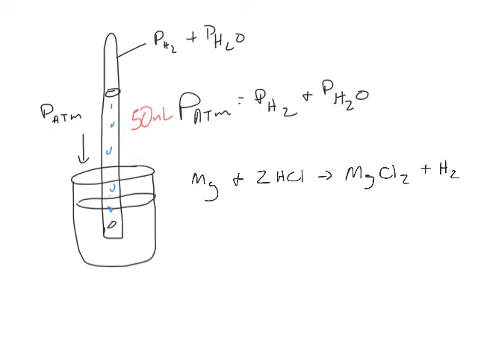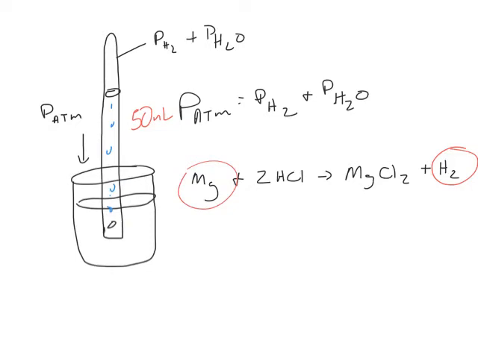This is the gas that we're collecting, and this is our starting material. What you need to be prepared to do is figure out what is the most mass of this that you can have and not produce so much gas that you completely empty out your eudiometer.